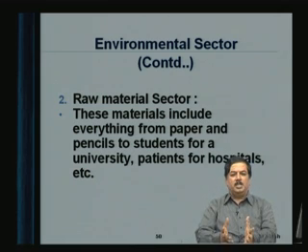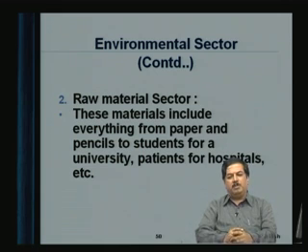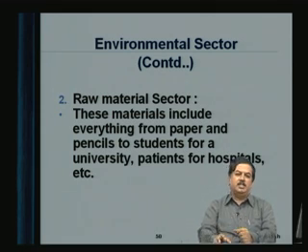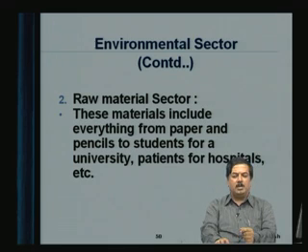It is purely the different kinds of materials in a manufacturing sector. So the supply of this raw material, the consistency and the quality of the raw material, influences the overall performance of the organization, both its throughput activities as well as the output it produces in satisfying the environmental elements.